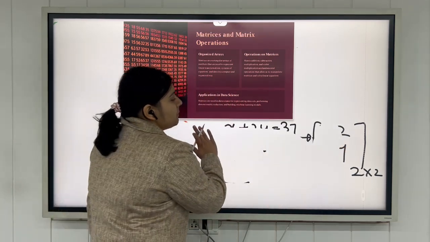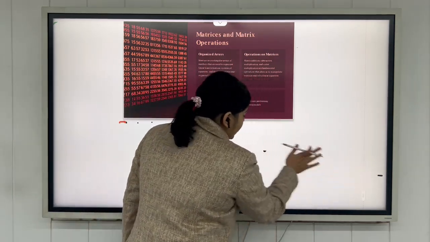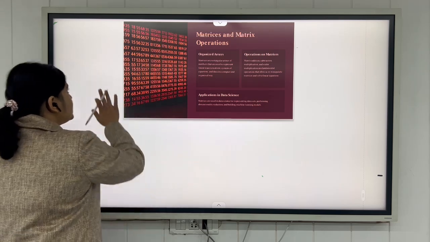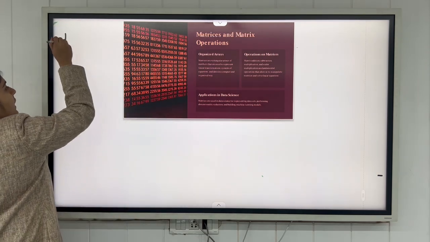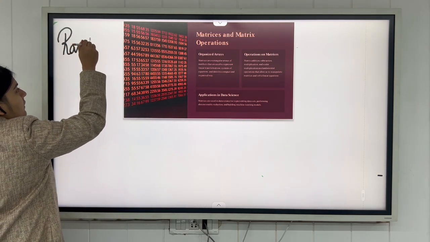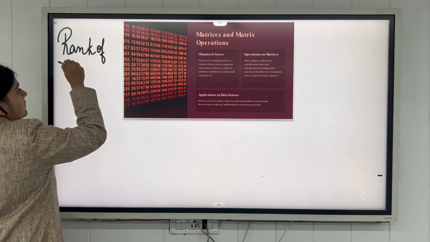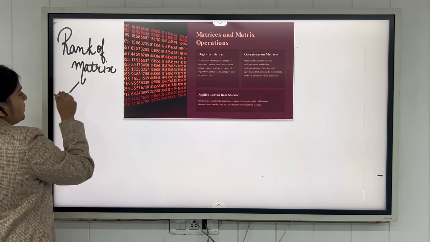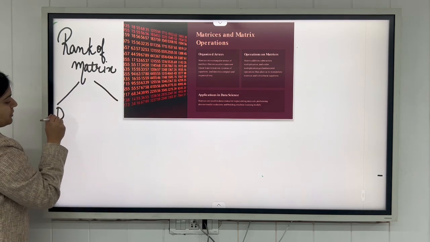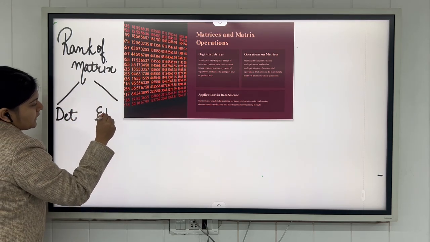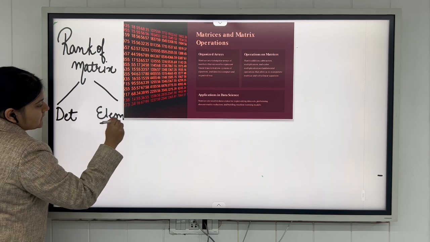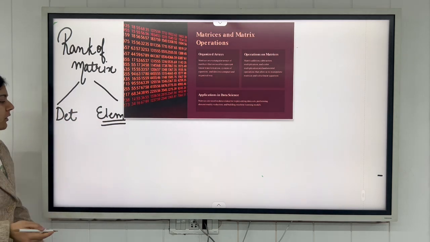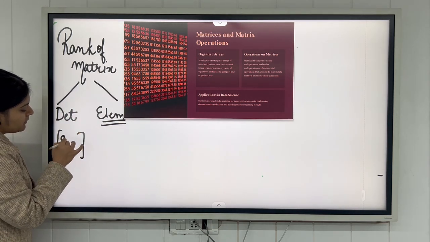In this class, we will be discussing the topic of the rank of a matrix. To start with the rank of a matrix, you must be aware of 2 parts, the determinant and elementary transformation. In your previous classes, you might have done the determinant. You are already aware of how to perform it.